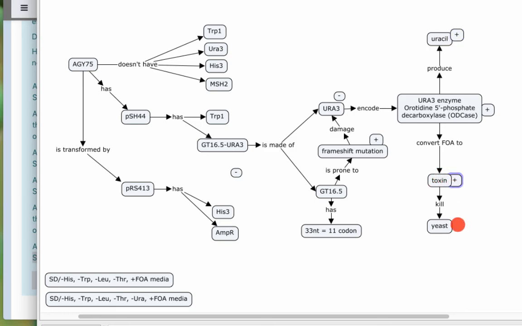So even though the yeast is not starved to death, it's being poisoned to death. Either way, this leads to the death of the yeast. You can also see that the standard FOA plate has to include uracil as a component, because if you remove uracil, the yeast just cannot survive.